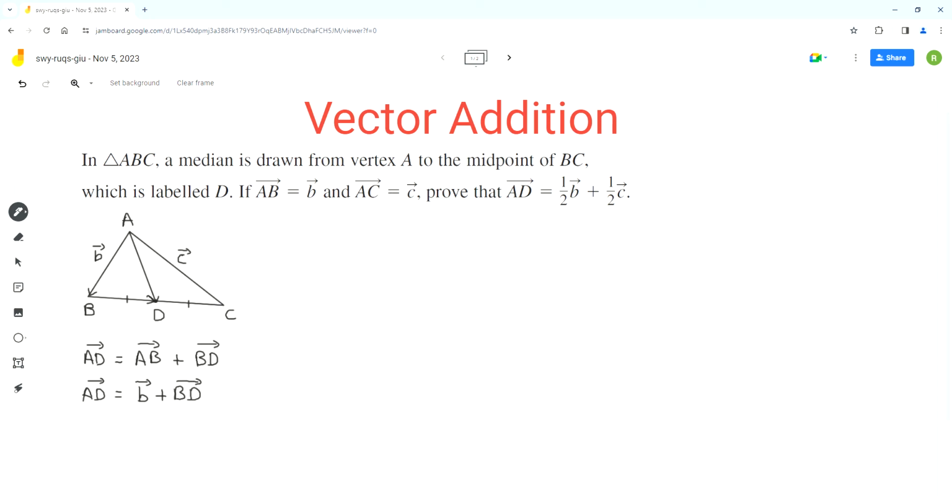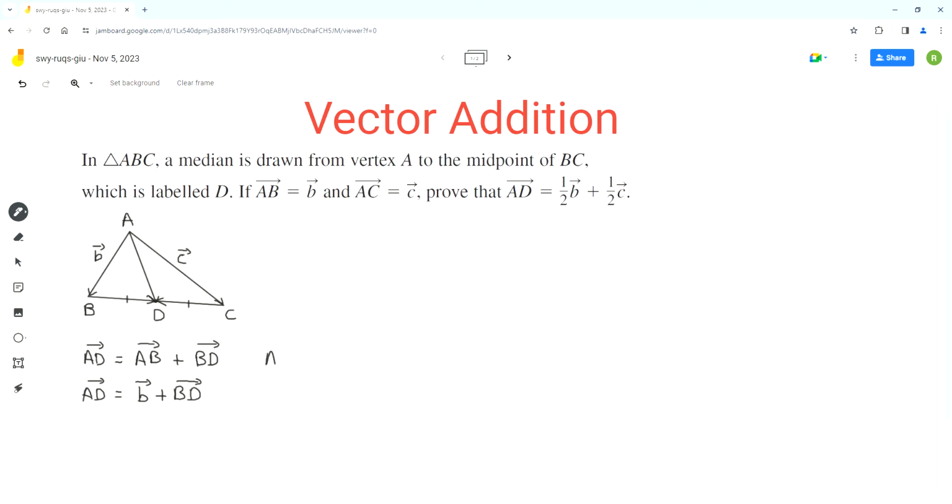Now we can also analyze vector AD in terms of point C. An alternate way to go from A to D is to go from A to C, so vector AC, plus vector CD from C to D. So we can write that here.